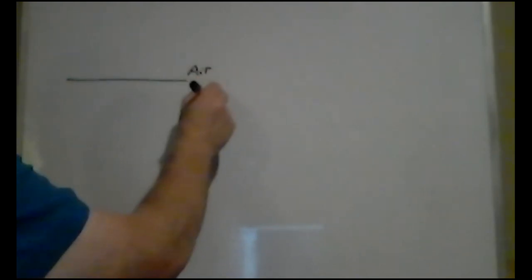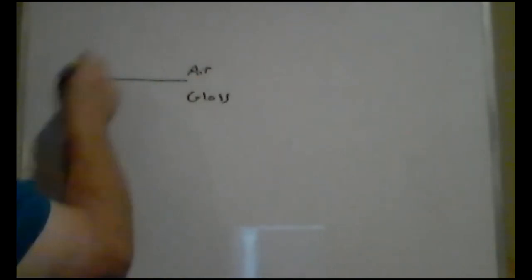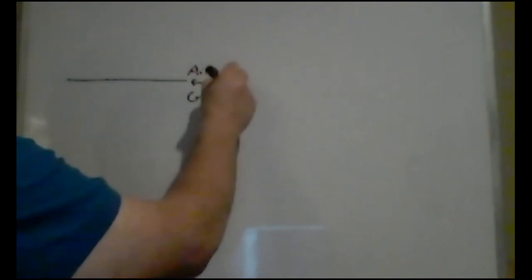So let's imagine this interface. I have an interface right here, and for sake of simplicity, I'll say I have air on this side and glass on the other. Granted, glass is all the way down here, air is on top. This is what I refer to as an interface.